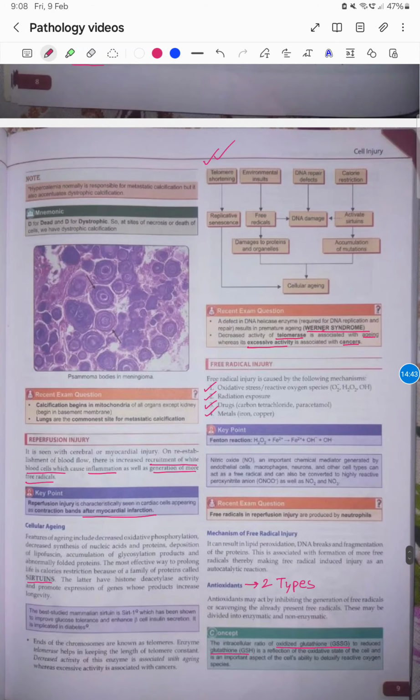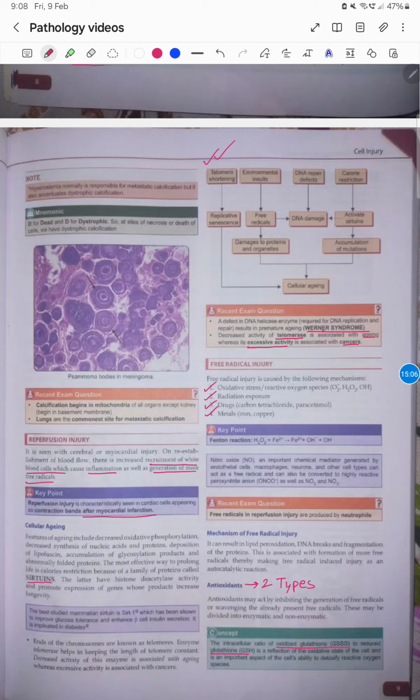Now the mechanism of aging. Telomere shortening will lead to replicative senescence leading to cell injury. Environmental insults lead to free radical accumulation, damaging proteins or organelles. DNA repair defects lead to DNA damage.